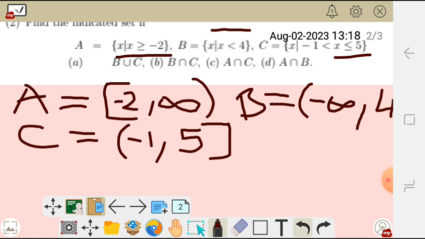After you have written all your sets in terms of their intervals, it will be easy to answer these questions.